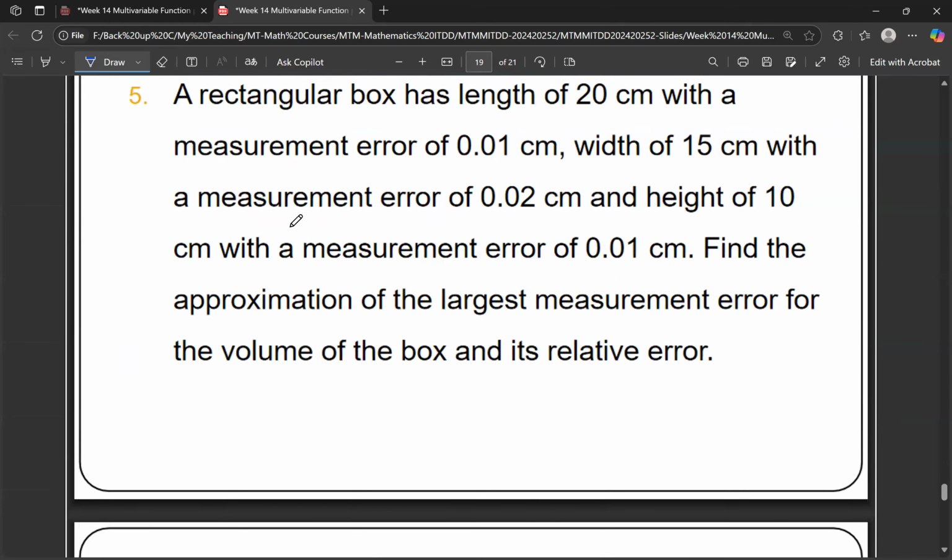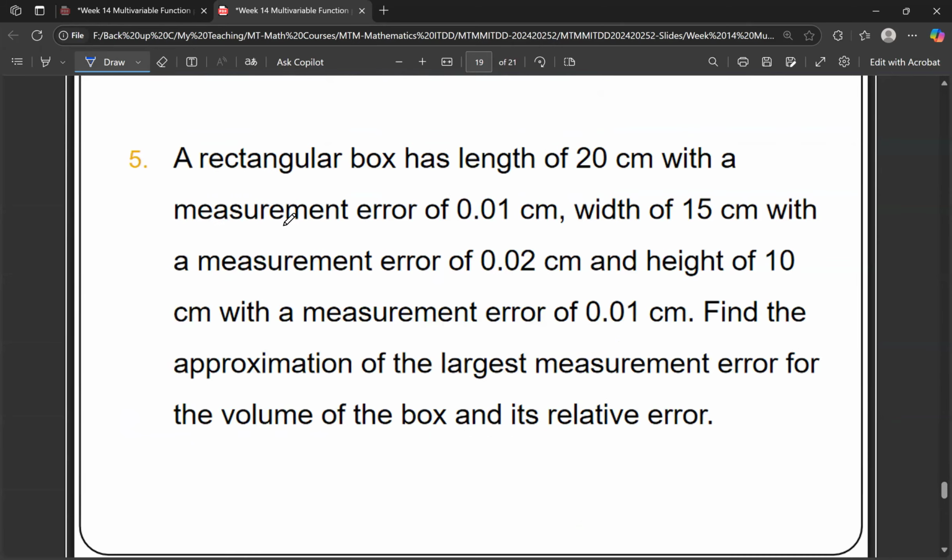Okay, number 3. Number 5. This is how to find the error of the rectangle box and its relative error. This is as we did in the previous slide.